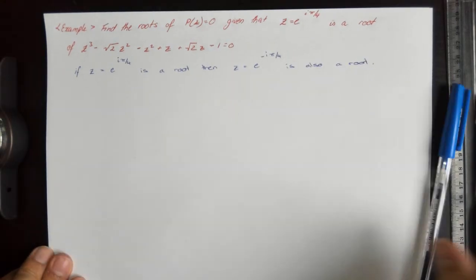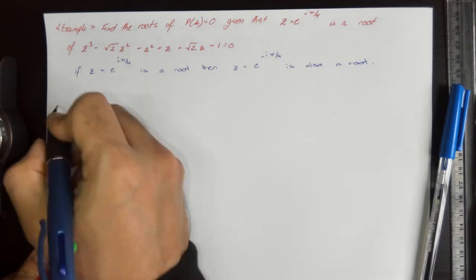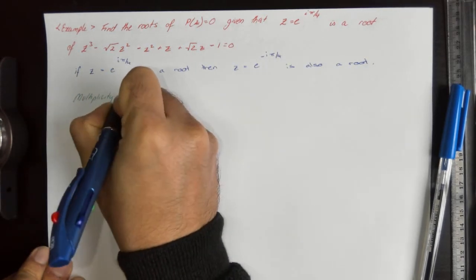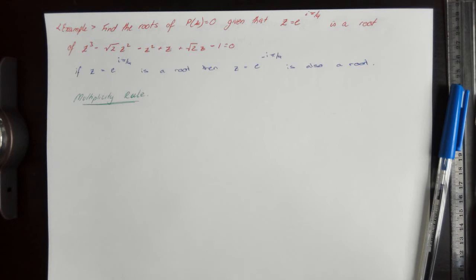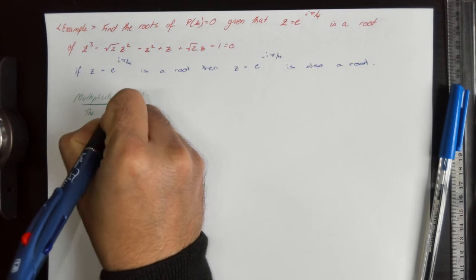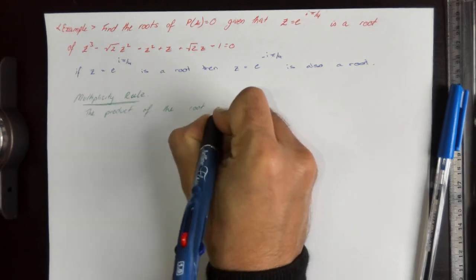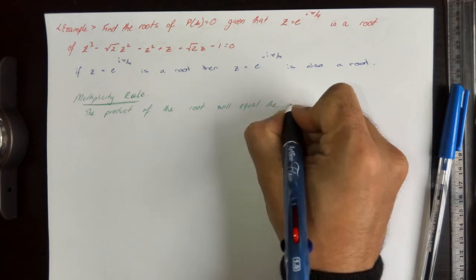Now I'm going to use the multiplicity rule. I should have written this down, but basically the product of the roots will equal the constant.